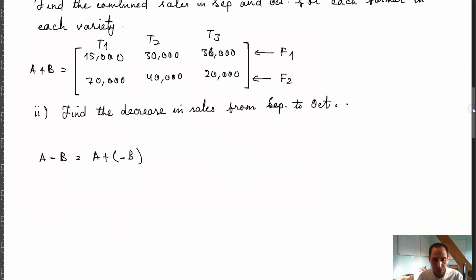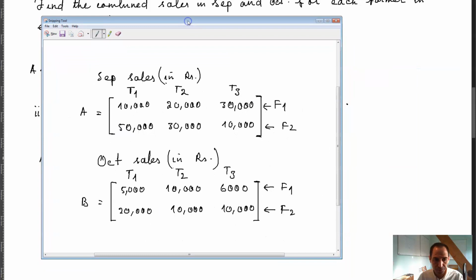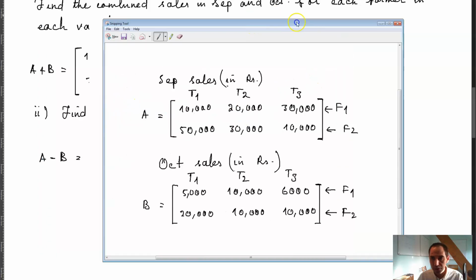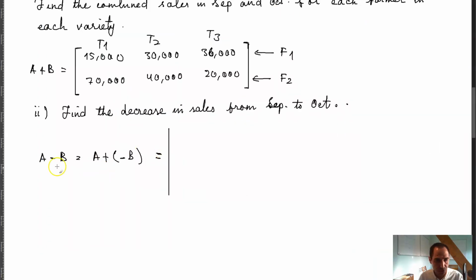So A plus negative B would be a matrix of the same order. Let me write it down.